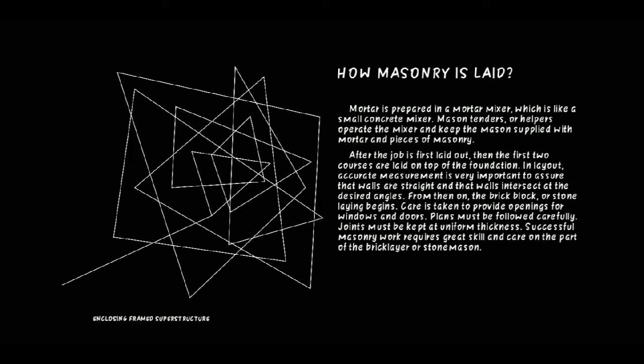How masonry is laid? Paano daw siya nilalatag? Mortar is made in a prepared mortar mixer, which is like a small concrete mixer. Mason tenders or helpers operate the mixer and keep the masons supplied with the mortar and pieces of masonry. Dito naman ay sa pagbuhos, hindi pa pagbuhos pala.